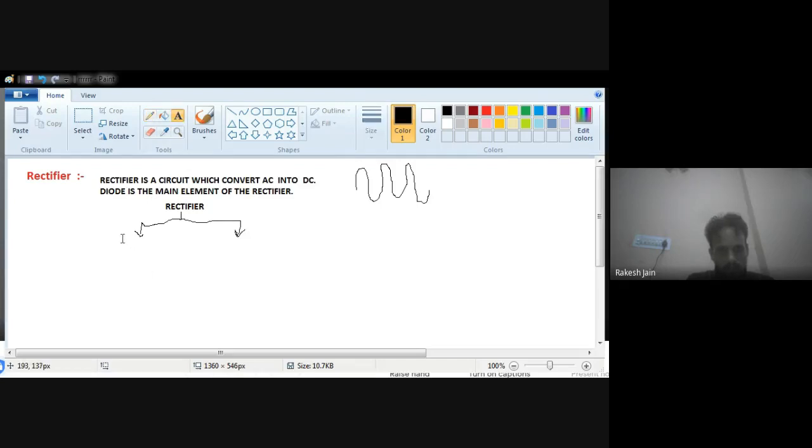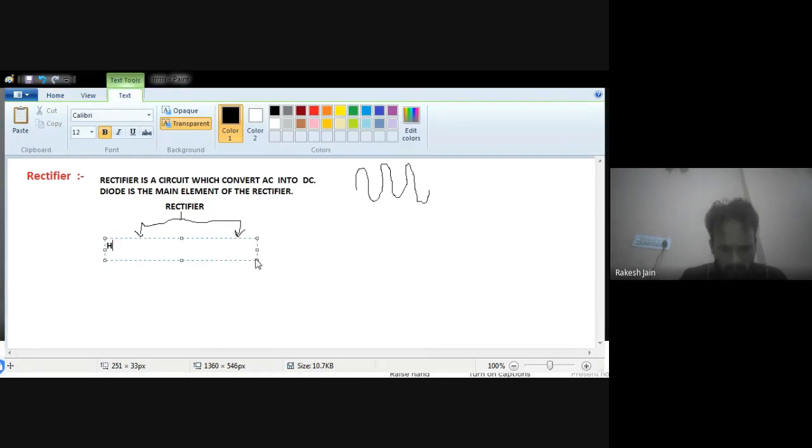Basically, there are two kinds of rectifiers. One is known as the half-wave rectifier. The second one is known as the full-wave rectifier.